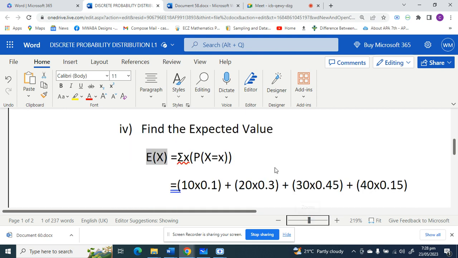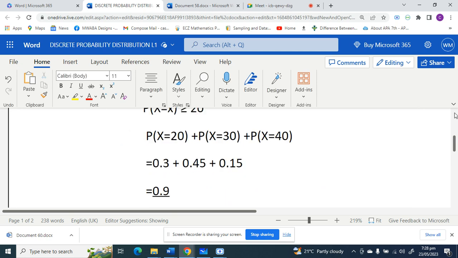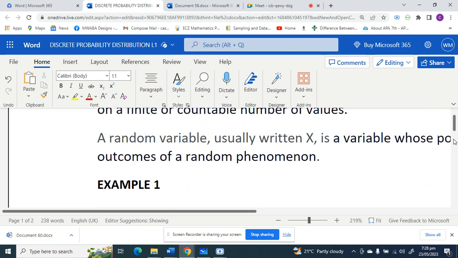Then sigma, summation of x, the random variable, multiplied by its corresponding probability. So you're going to multiply the random variable x by its probability, and then you total it up. So this is the operation here. Let me just bring the table.